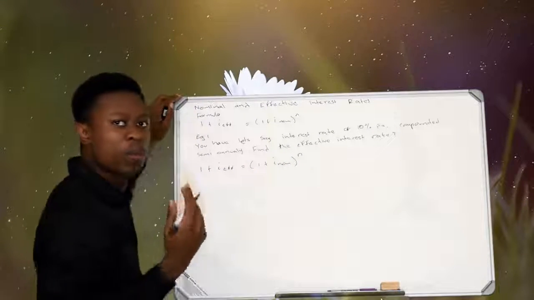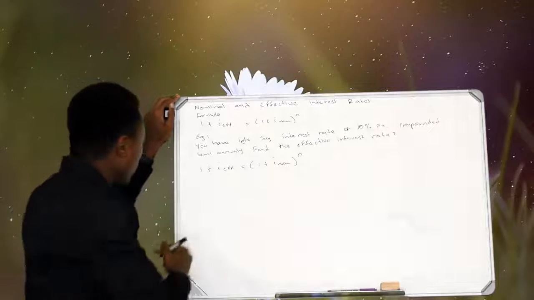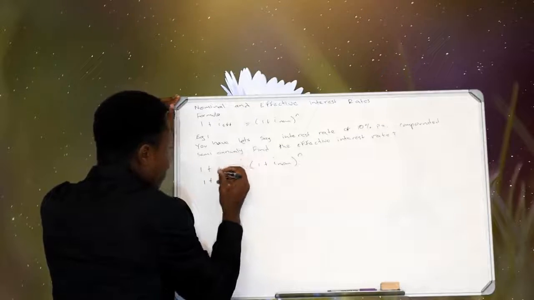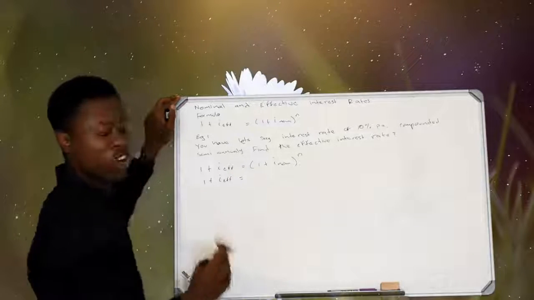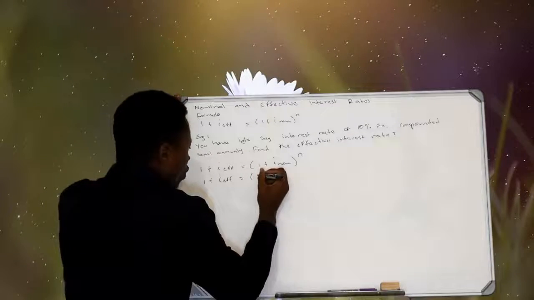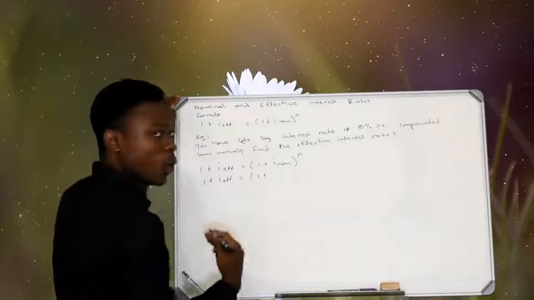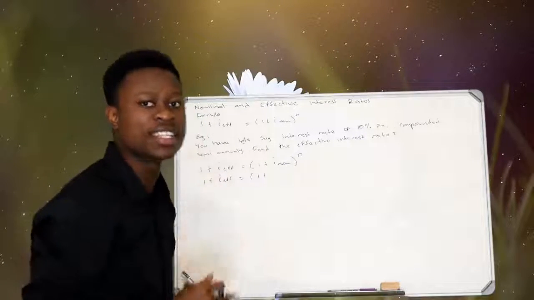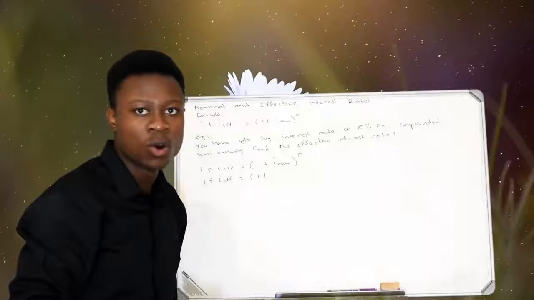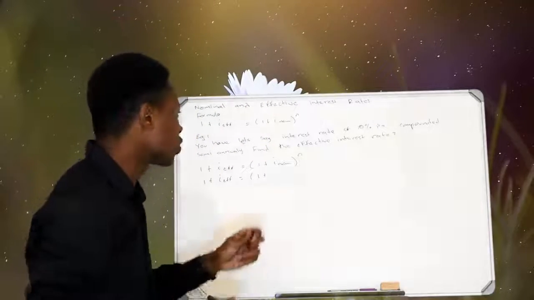So let me replace the values that I know. 1 plus I effective. I do not know what this is, because that's what I'm looking for. So let's move on to the next part. I nominal. Do I know what that is? Yes, I know that it is 10%, but I can't just write it as 10 or just as a decimal.